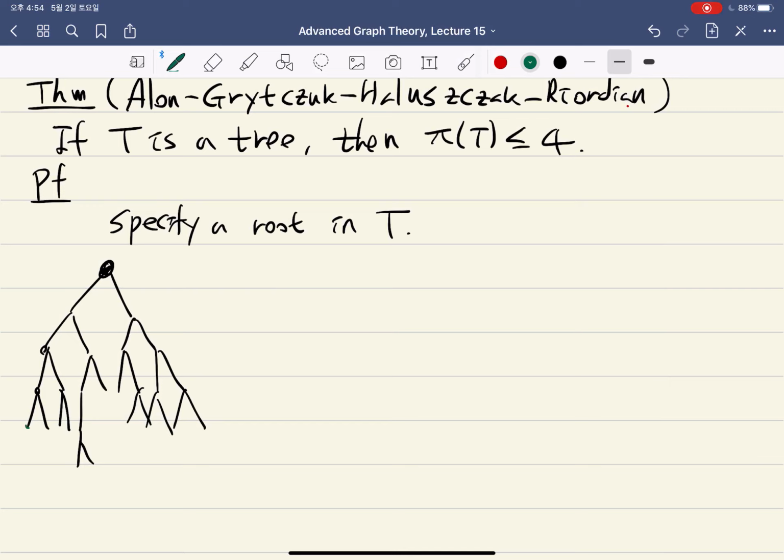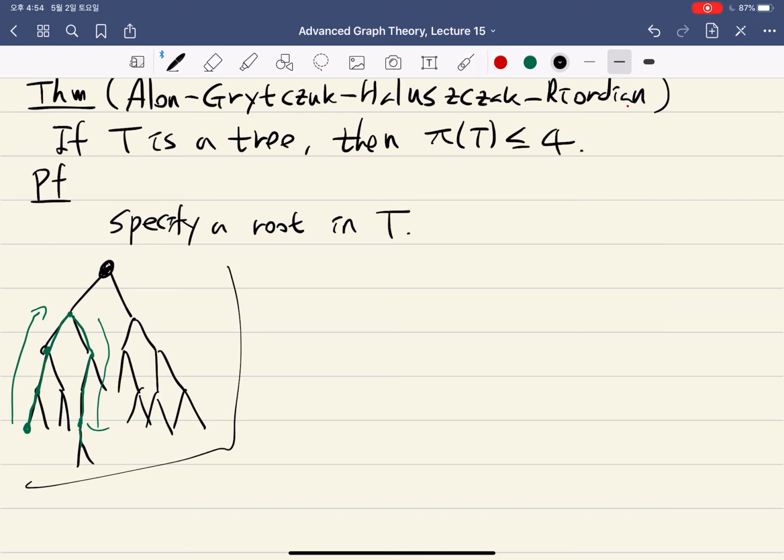A path may start at some vertex, and then it goes up, and at some moment it could go down. But once it goes down, it cannot go up again. So all the paths start from somewhere, go up, and then go down at some point. Because this is a tree, every vertex in this rooted tree has exactly one parent.